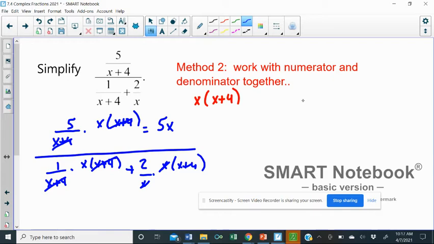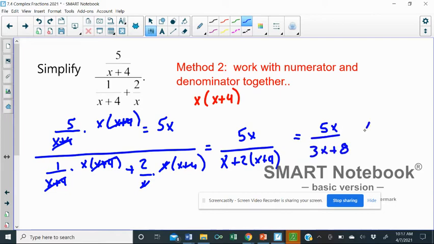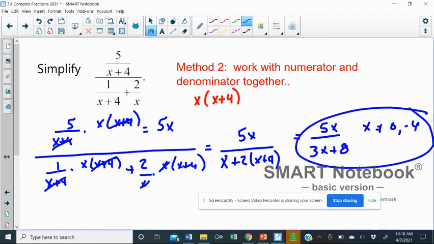So I'm going to be left with x plus 2x plus 4. And again, my 5x. So that's going to be 5x over 3x plus 8, where x cannot equal 0 or -4. Hooray, same answer.